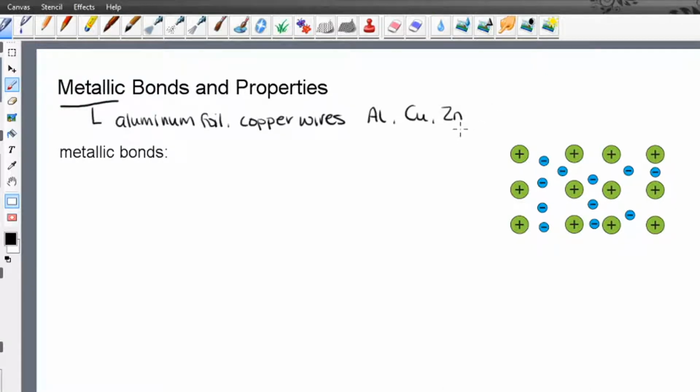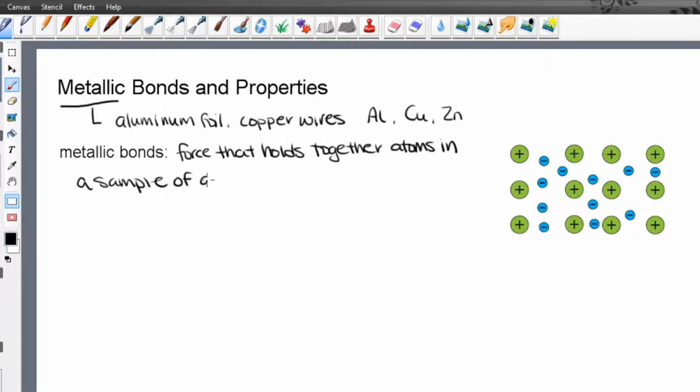But it's not a bond in the sense that it's not one atom of one substance bonding to another atom of another substance. When we say metallic bonds, we're just referring to the force that holds together atoms in a sample of a pure metal, like we were talking about up here, aluminum, copper, zinc, or a mixture of metals.